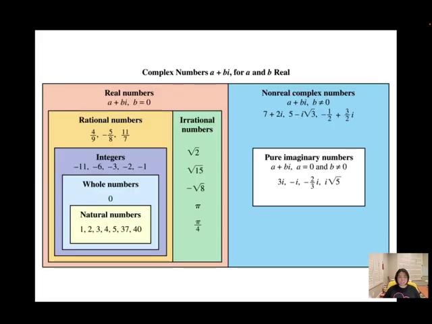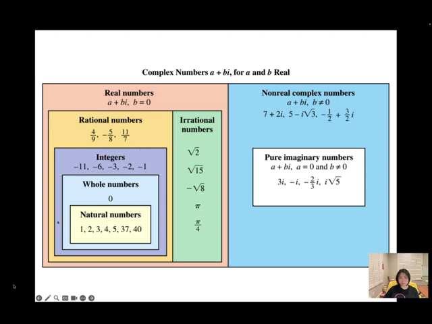Remember we learned the natural numbers and whole numbers in the previous sessions. Natural numbers start from 1, not including 0, all positive integers. Whole numbers include 0: 0, 1, 2, 3, 4, 5. Integers include all positive and negative integers.